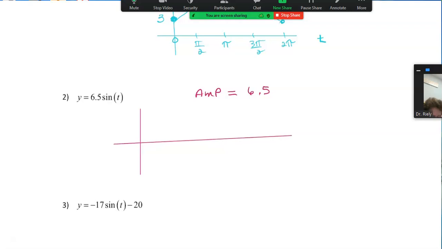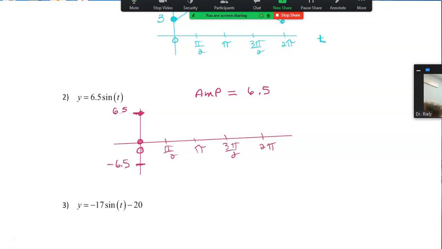So our central line is still at 0. So here's the amp of a high of 6.5, and then a low of negative 6.5. Get your angles. Your first one is 0 radians, pi over 2, pi, 3 pi over 2, 2 pi. It's sine. Sine is the snake.